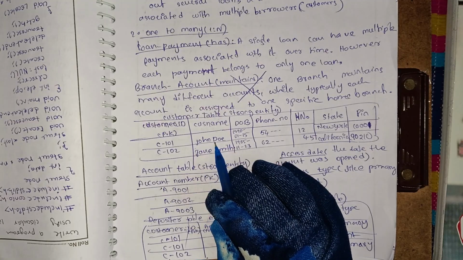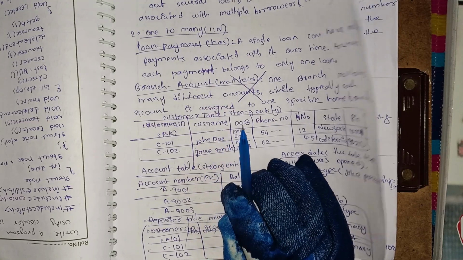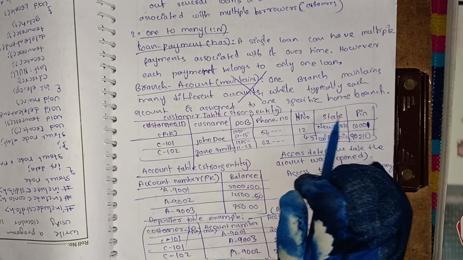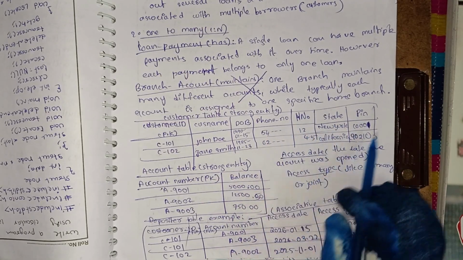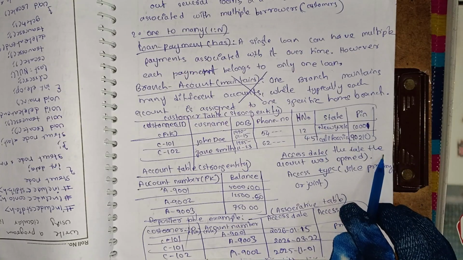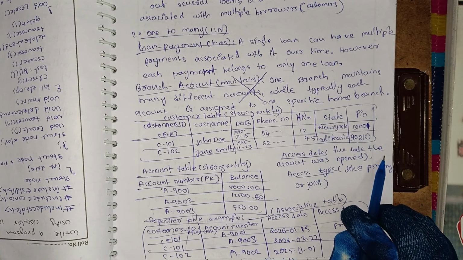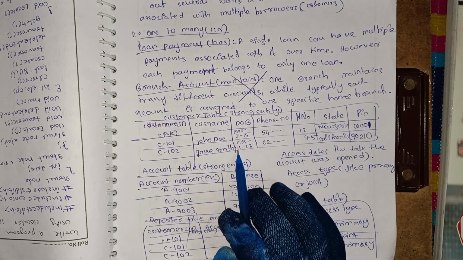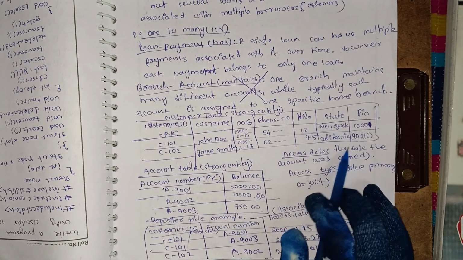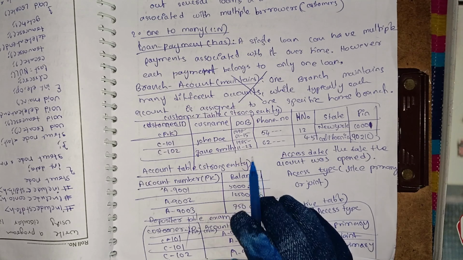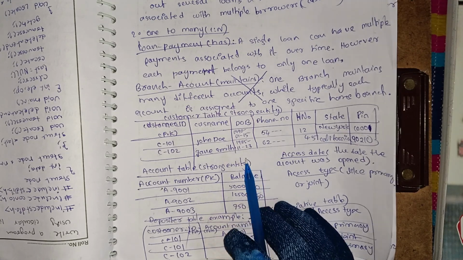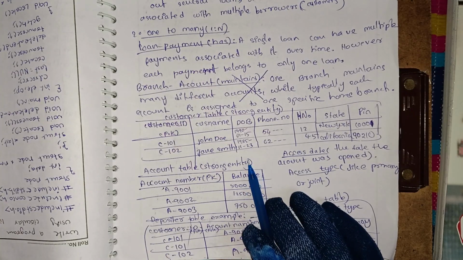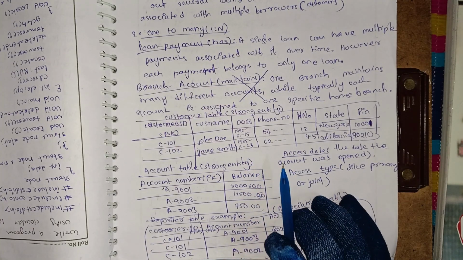So for that, the date of birth, phone number, house number and state, PIN should also be repeated for these multiple different account numbers. So in these columns the values are becoming redundant, so severe redundancy will occur. That's why we avoid this direct mapping of many to many relationship.